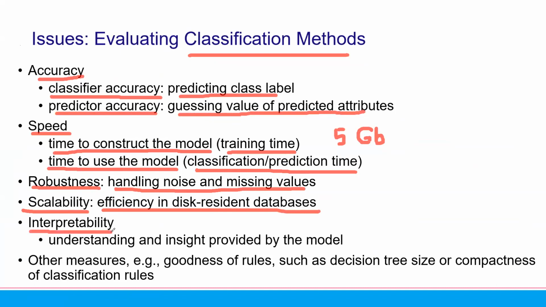Interpretability. Can we understand the model? Does the model give you some insight or not? So it is also important for the classification. Yeah, there are other measures like goodness of rules. For example, decision tree size and the compactness of classification rules.